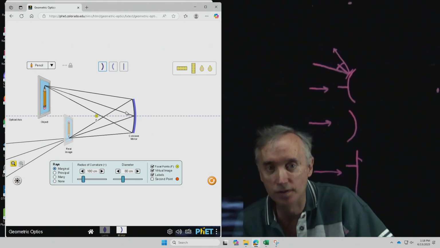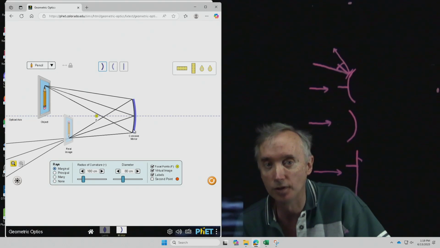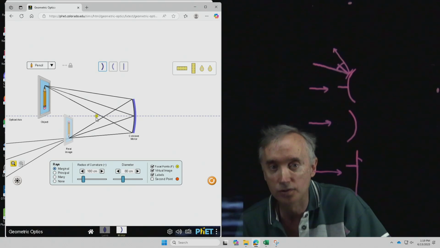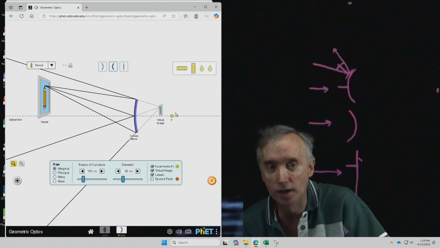Then notice this yellow thing right here, which is going to be called the focal point of the mirror. If you had a lot of light coming in and hitting this mirror, it would be focused to right here. That would be the focal point of this curved mirror. And if I go back to the other one, do you see the yellow dot is on the opposite side because of the way it's curved?